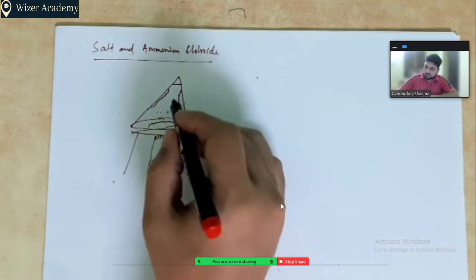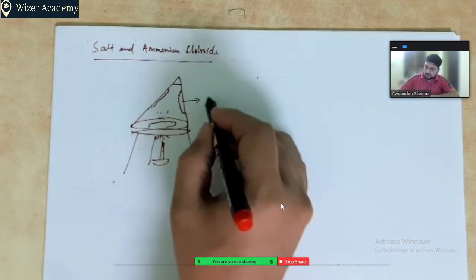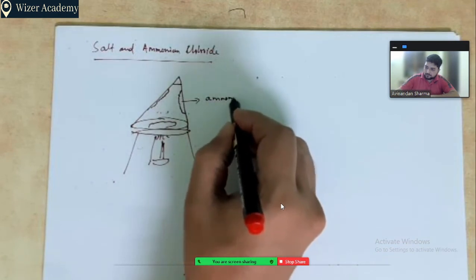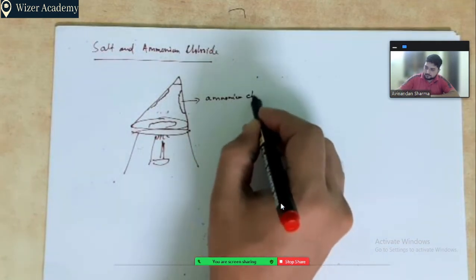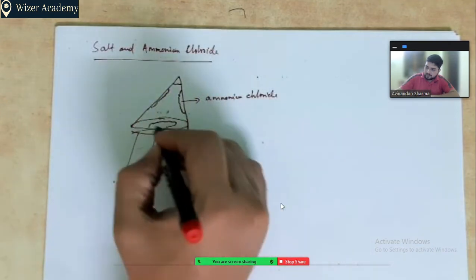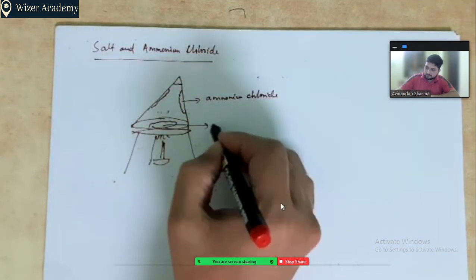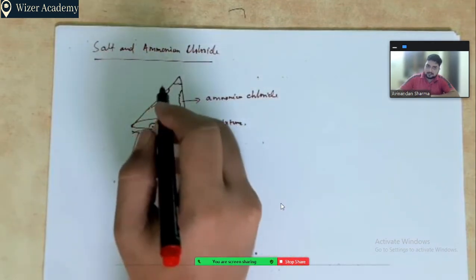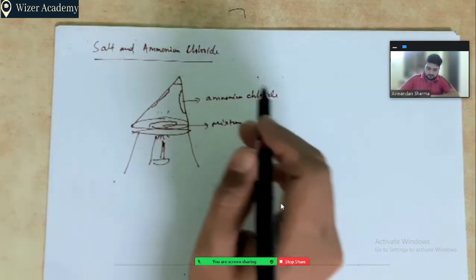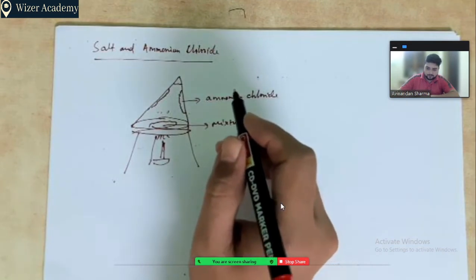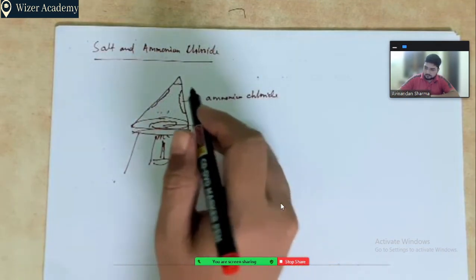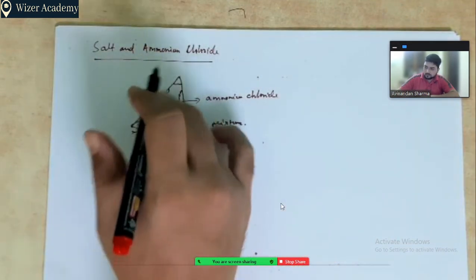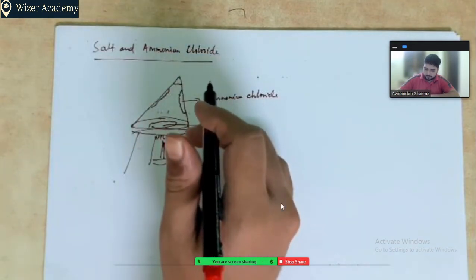So it is ammonium chloride, and it is a mixture. The salt will remain here and the ammonium chloride will sublimate and stick to the wall of the funnel.